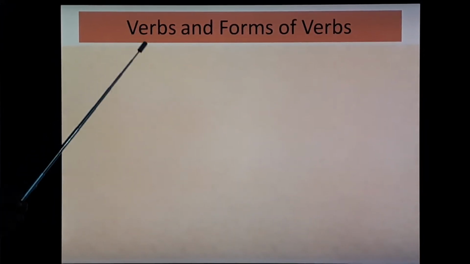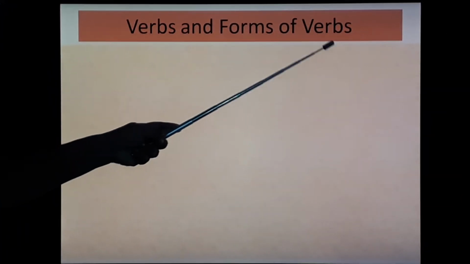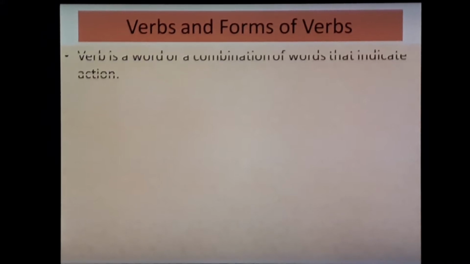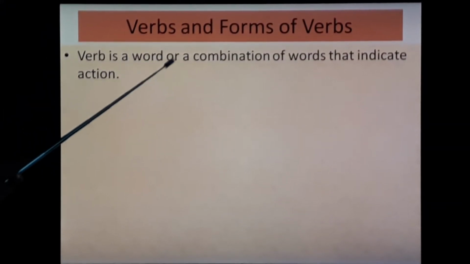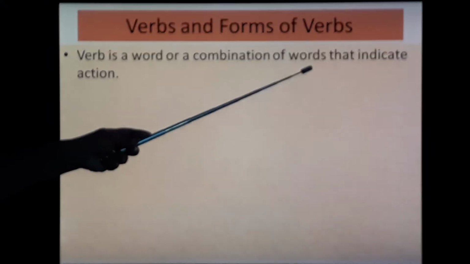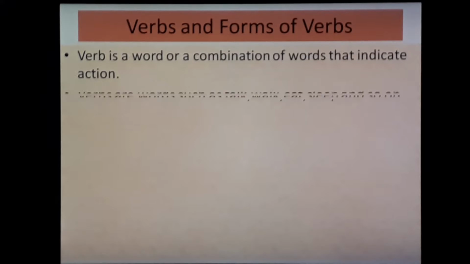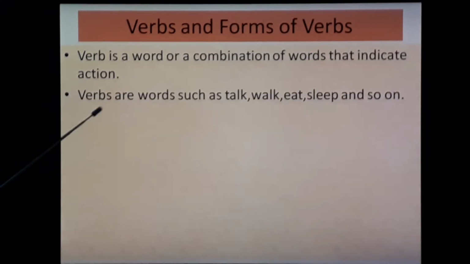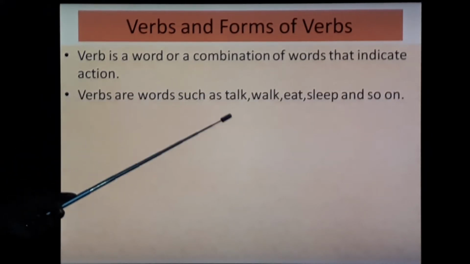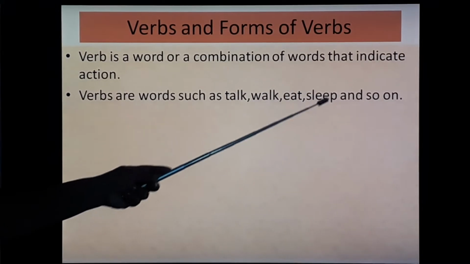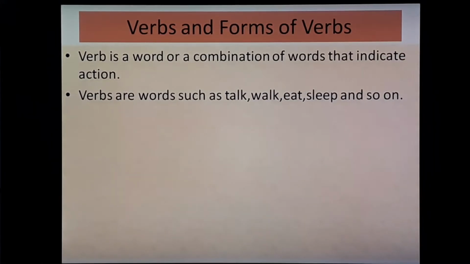Let's begin with verbs and forms of verbs. Verb is a word or a combination of words that indicate action. Verbs are words such as talk, walk, eat, sleep and so on.